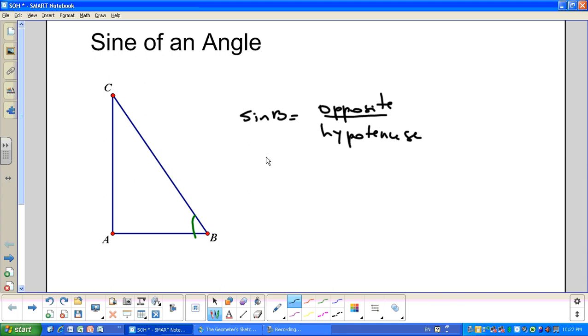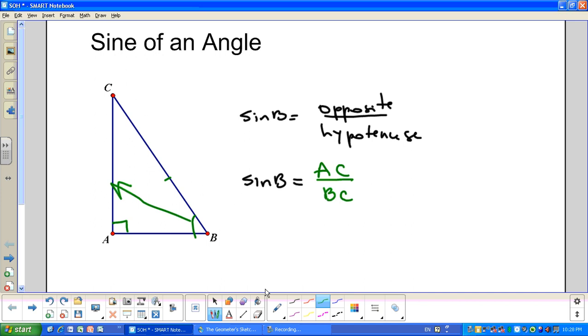So in this case, sine of angle B will be, what is the side opposite to angle B? Is this one over here. It's going to be AC divided by, what is the hypotenuse? Angle A is a 90-degree angle. Hypotenuse is always opposite to the 90-degree. So it's that side over there, BC.